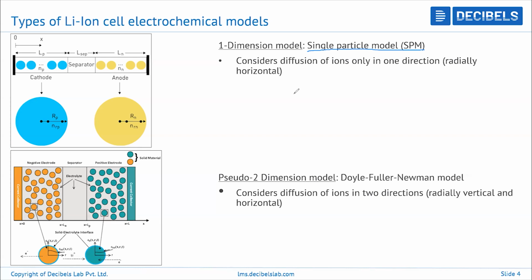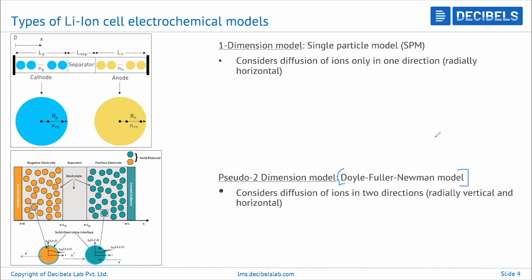In a short while, we will see exactly why it is called single particle. And there is also another approach which takes it one extra dimension or one degree higher. So second order, it is called a pseudo two-dimension model. It is also commonly, in terms of electrochemistry, known as the Doyle-Fuller-Newman model, also known as the Newman model.